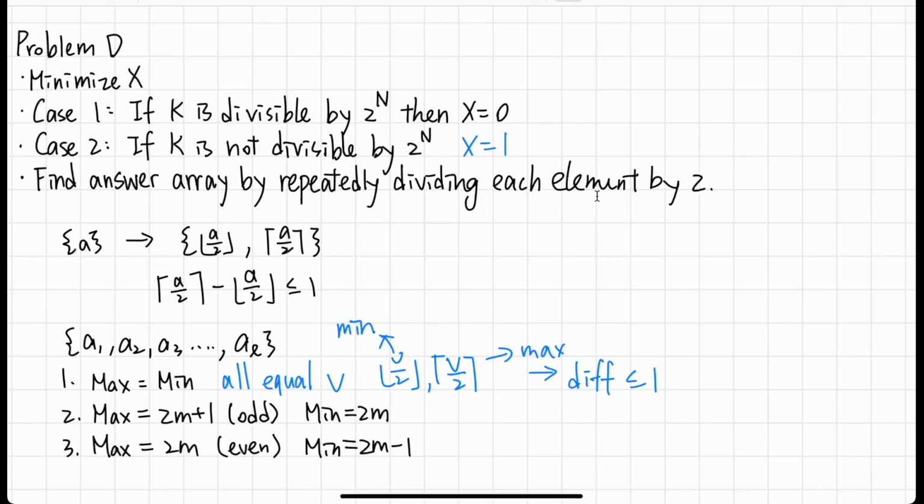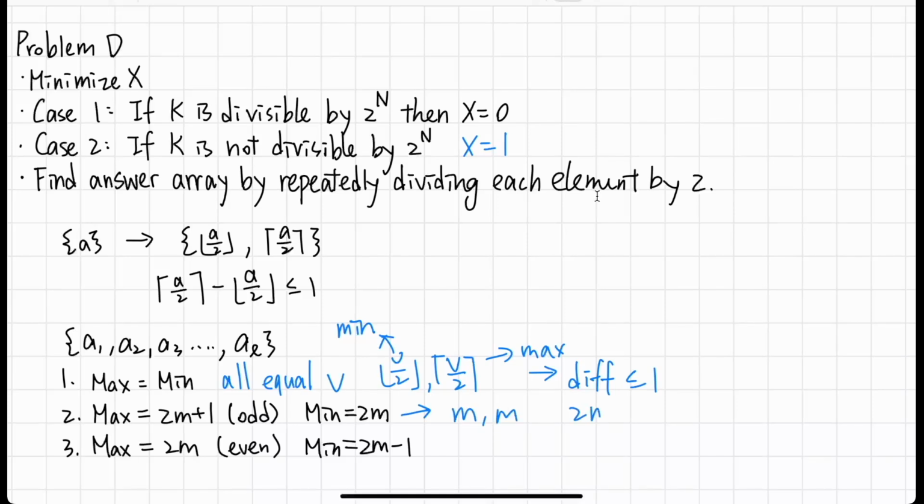And let's look at the next case where the maximum is an odd number and the minimum is an even number, then the maximum can be represented by 2m plus 1 and the minimum is 2m. So if we split the minimum 2m, we'd get m and m.